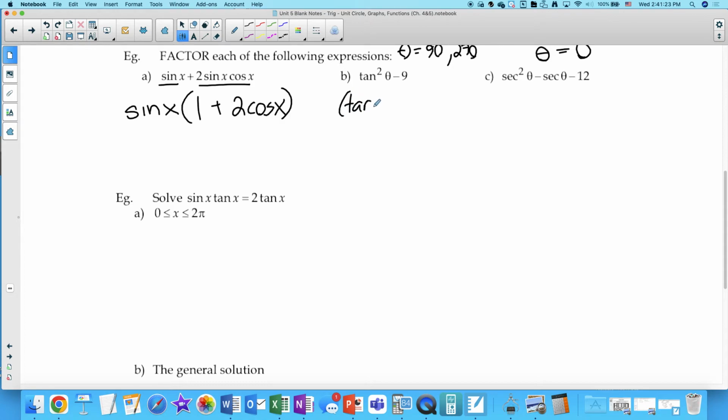Yeah, it's a difference of squares, right? So tan theta plus 3 times tan theta minus 3. And then finally, secant squared theta minus secant theta minus 12.